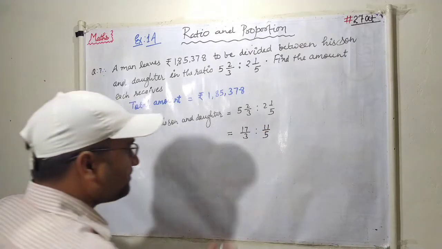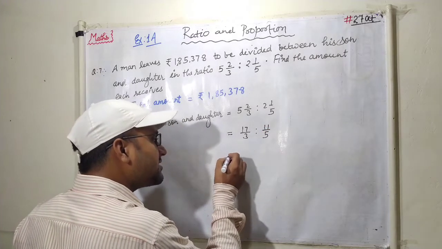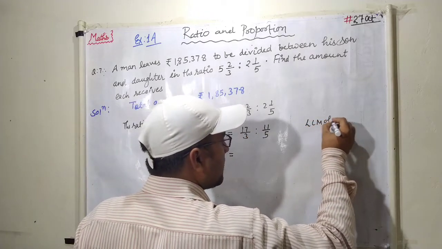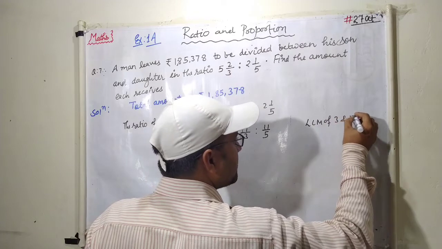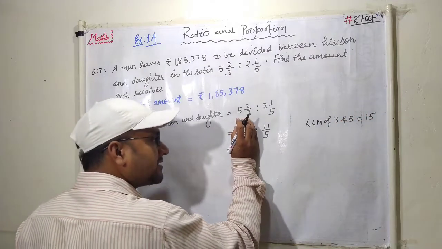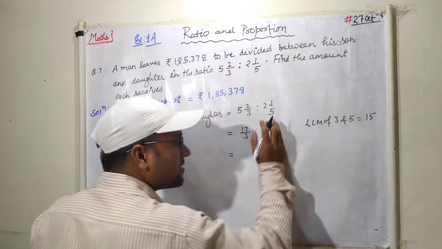So our aim is to change this into whole numbers. The LCM of 3 and 5 is 15. By this 15 you will multiply both the antecedent as well as the consequent.